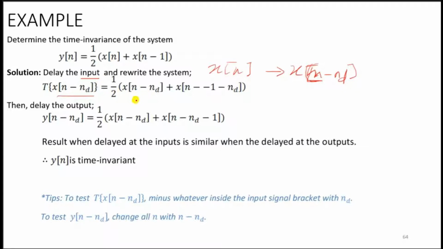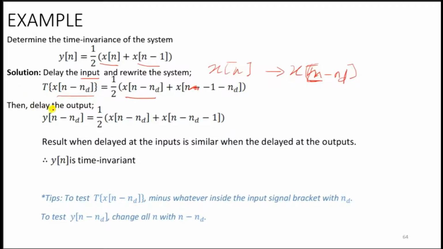All the x[n] in the system must be changed into x[n - nd]. So you have x[n - nd], and you have x[n - 1], so you have x[n - 1 - nd]. Okay, this is the first step.